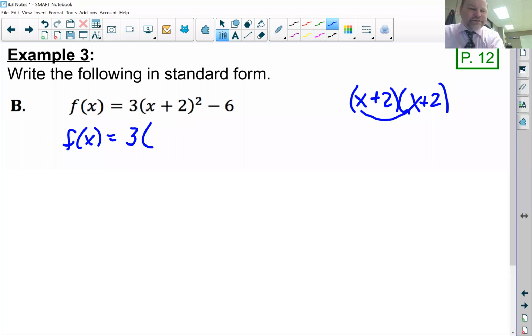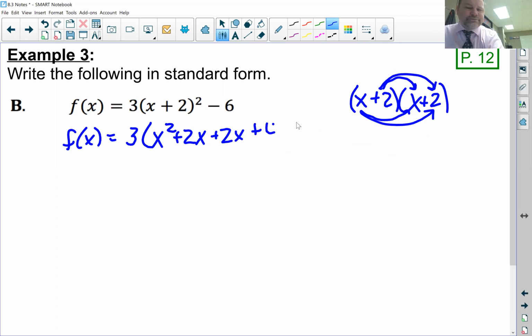X times x is x squared. Then I multiply the outside or outer terms. That would give me 2x. The inner terms would give me 2x. And the last term in each binomial is 2 times 2, which is 4.